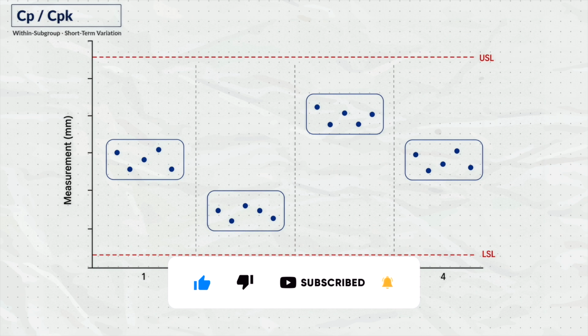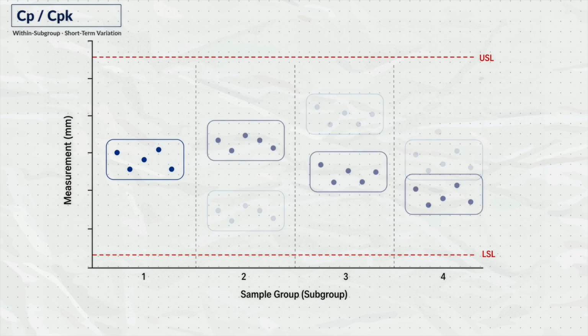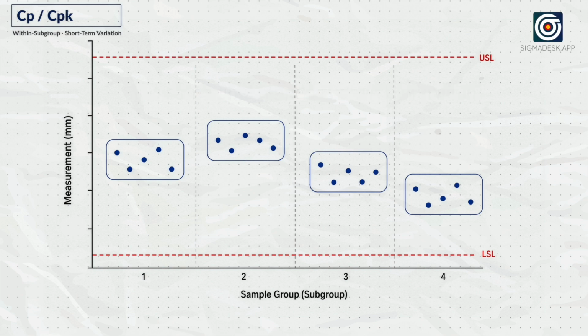Now let's look at how standard deviation is approached for Cp and Cpk. Factors such as different operators, raw material lots, machine adjustments, or environmental conditions can create variation between subgroups. However, when calculating Cp and Cpk, this between subgroup variation is intentionally ignored. And we do that this way. We estimate sigma using only the variation within each subgroup.